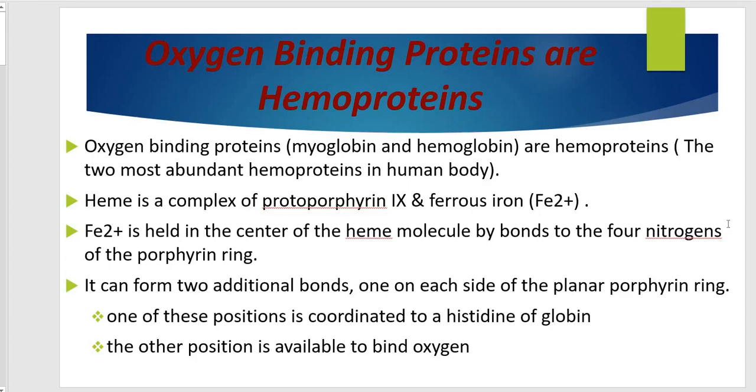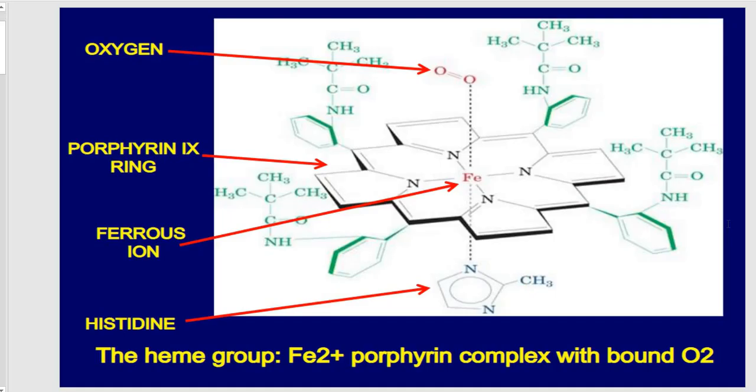Let's see the figure to understand more about the heme structure. Look at this. This is the heme structure, the heme prosthetic group. It's the non-protein part of hemoglobin and myoglobin. It's the same in both.